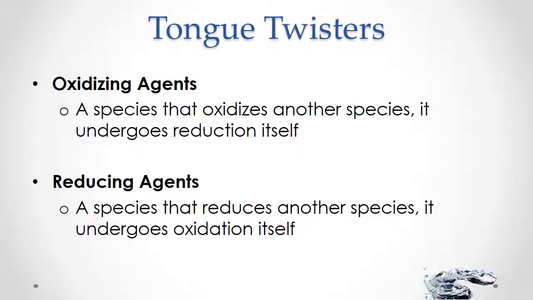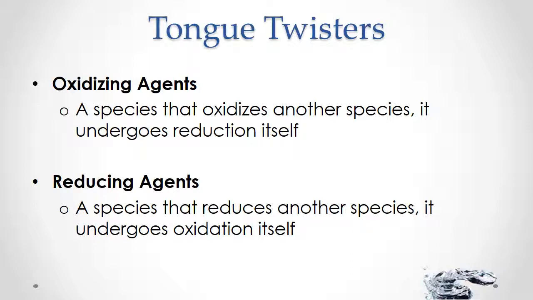It itself undergoes reduction. So every time we have a compound that undergoes reduction, it is an oxidizing agent. Reducing agents are the exact opposite. Those are species that reduce another species. They, in themselves, undergo oxidation. So whatever undergoes oxidation is a reducing agent, and anything that undergoes reduction is an oxidizing agent.